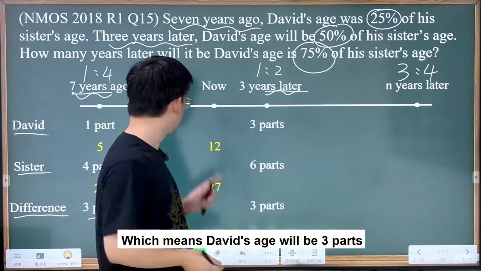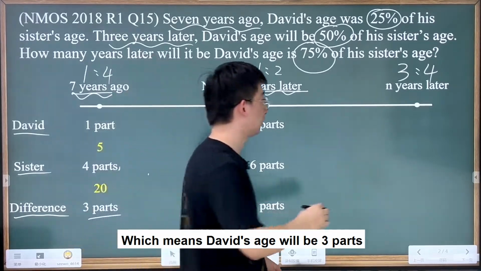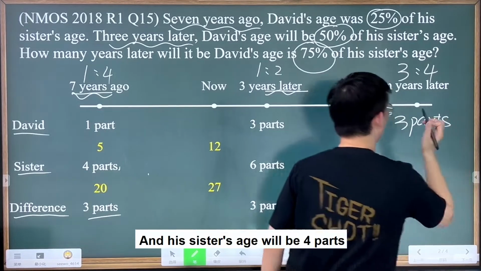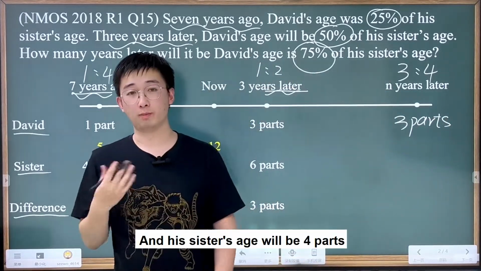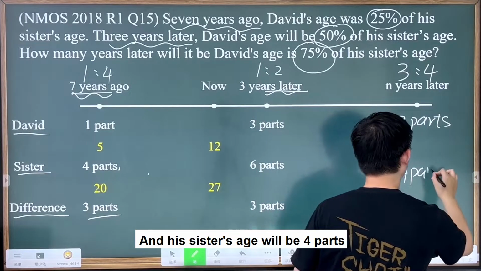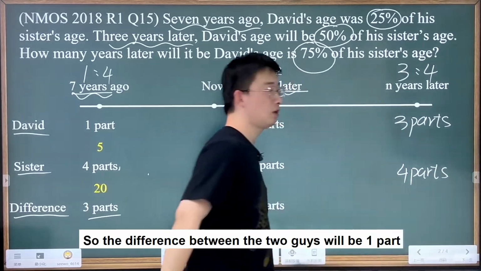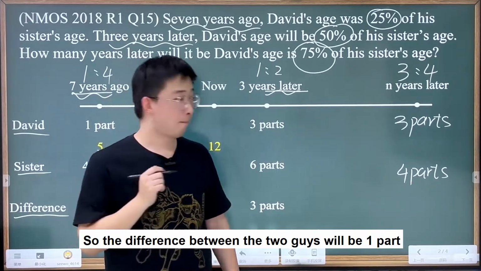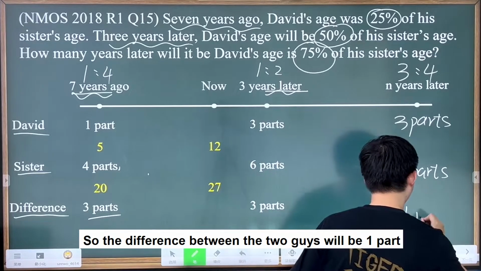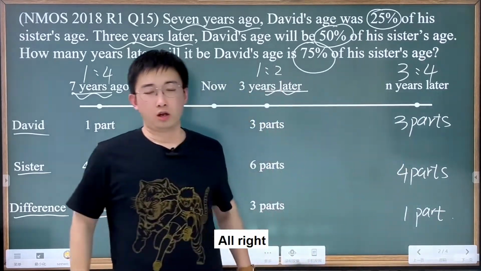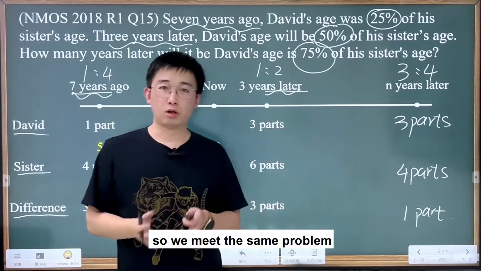Which means David's age will be 3 parts, and his sister's age will be 4 parts. So the difference between the 2 guys will be 1 part.